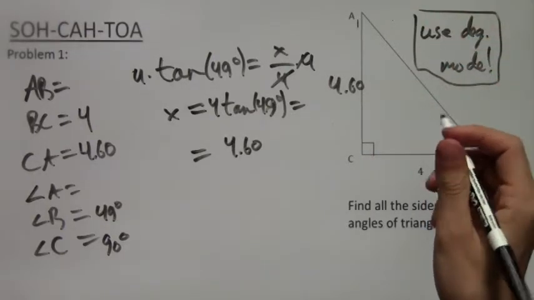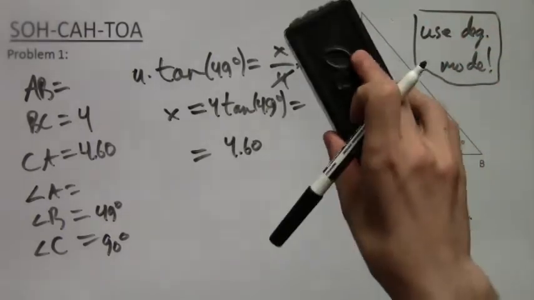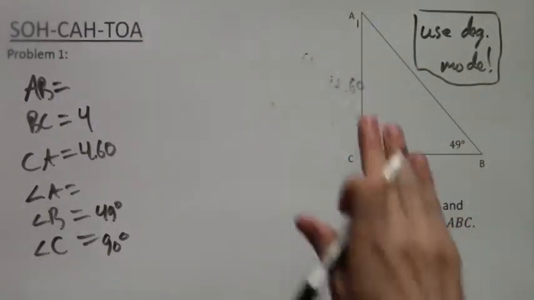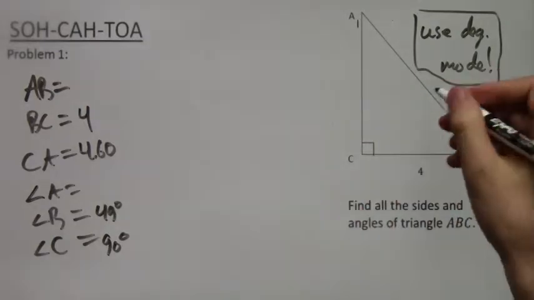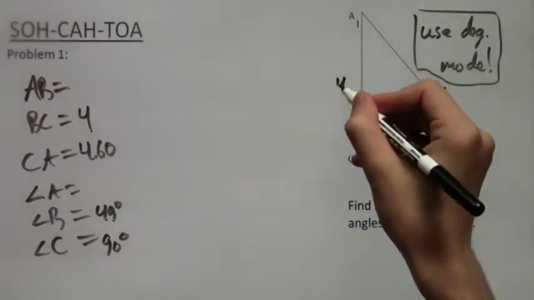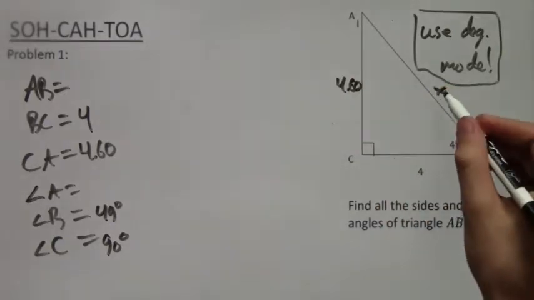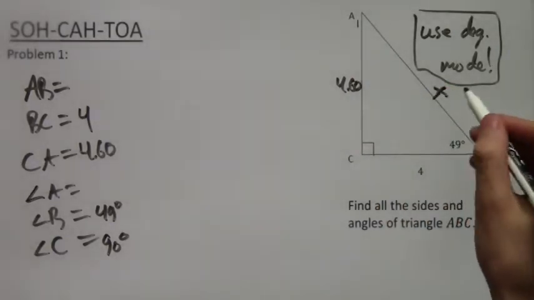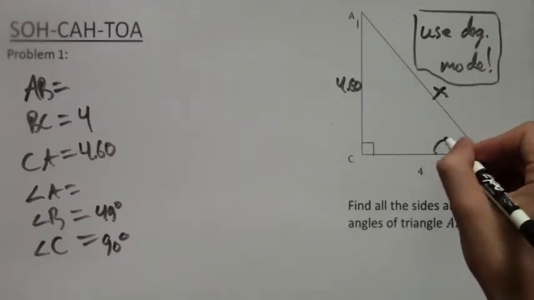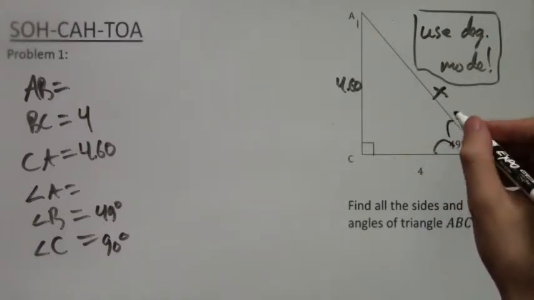All right, so we still have one side missing and one angle missing. The missing side is AB. So I'm going to label it as X. And we do know AC, but BC has a nicer number, which is just 4, so we're going to use BC, which is the adjacent side, and then the thing we want is the hypotenuse.